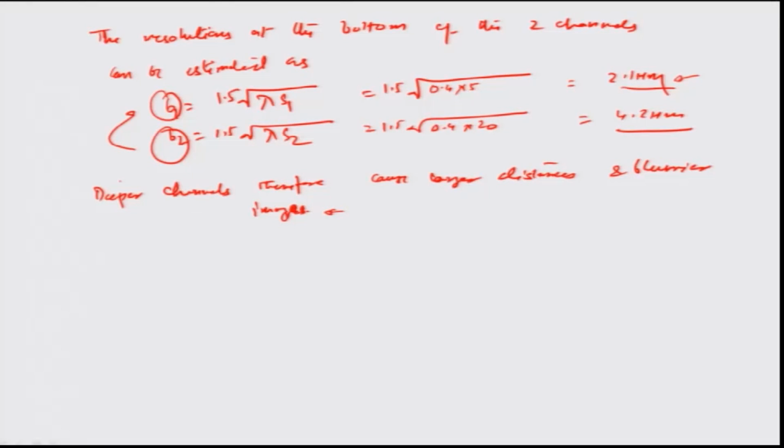So, the resolution of the projection system, for example, this is actually more related to contact or proximity lithography. When we talk about projection lithography, this is something where the mask is placed far away from the wafer.